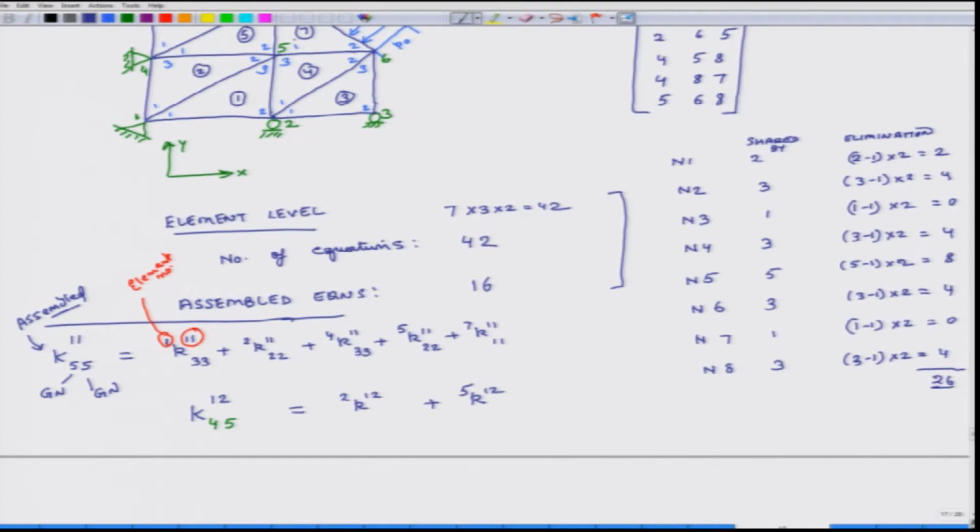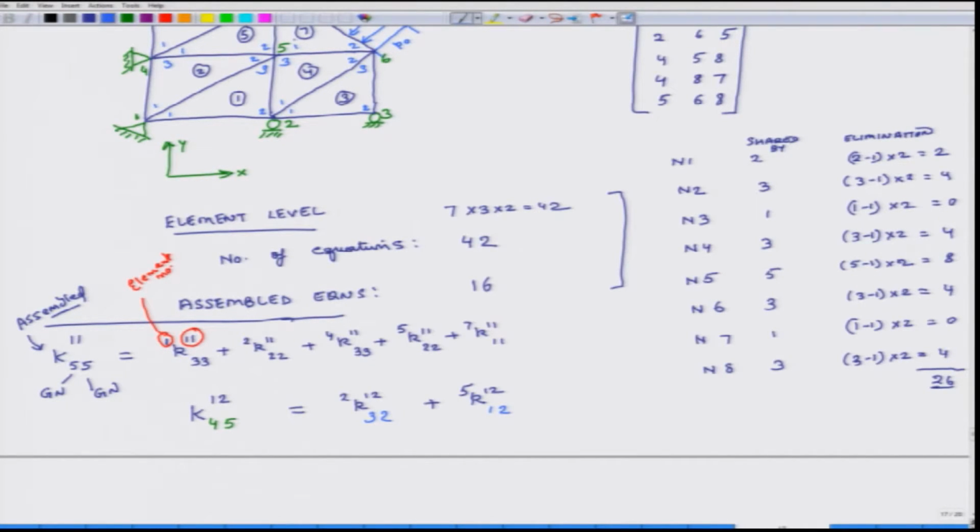And what about the subscripts? 4 global node in element 2 means 3, and 5 global node means node 2 in element 2. Similarly, for element 5, global node 4 means local node 1, and for element 5, global node 5 means local node 2.